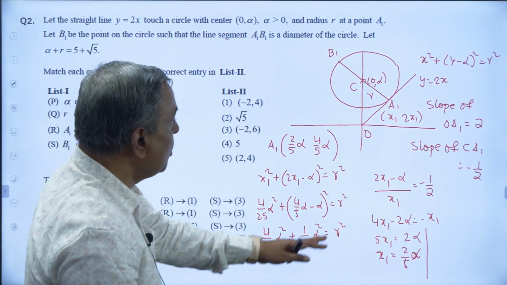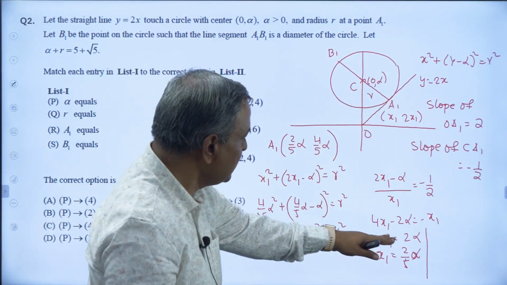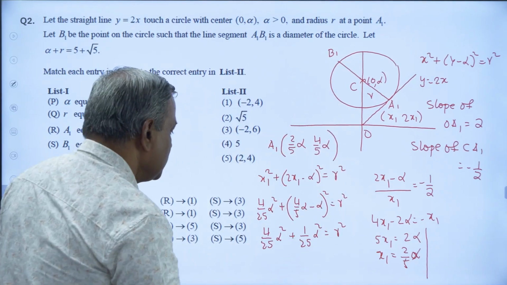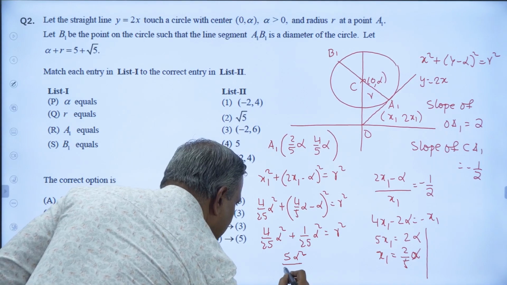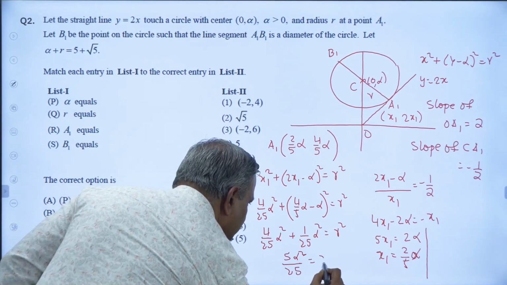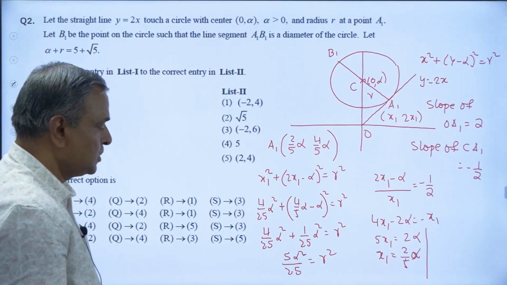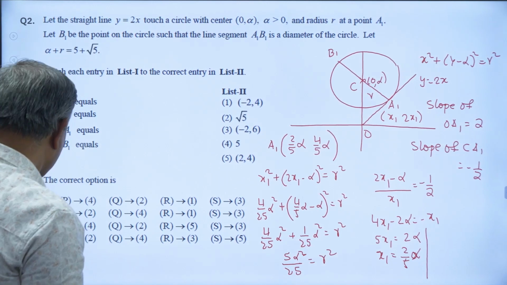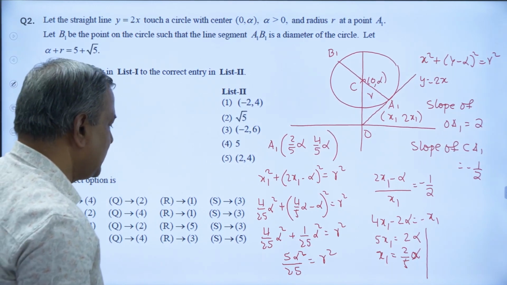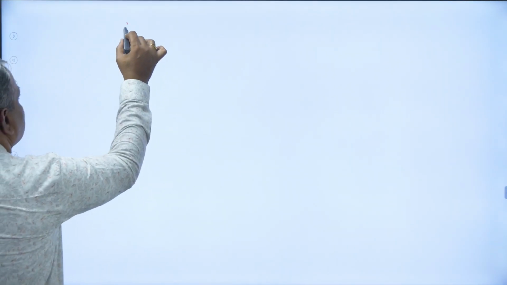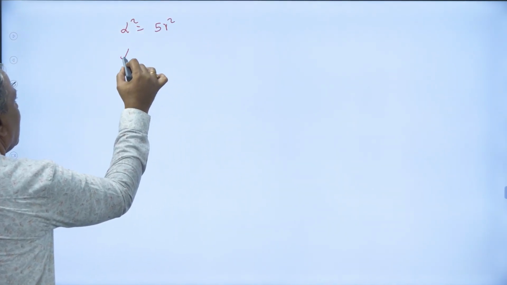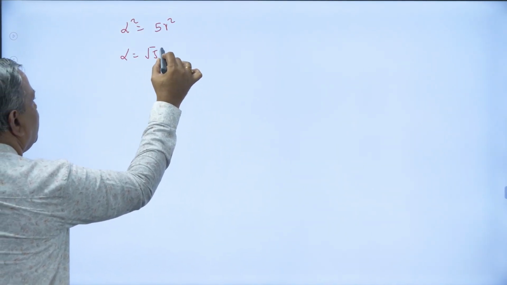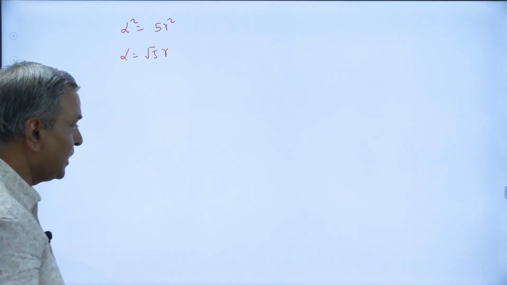Correct? See, whatever information there is, keep on finding the relation. So we get 5 alpha square by 25 is equal to r square, so alpha square is equal to 5r square. So alpha is equal to root 5 r.